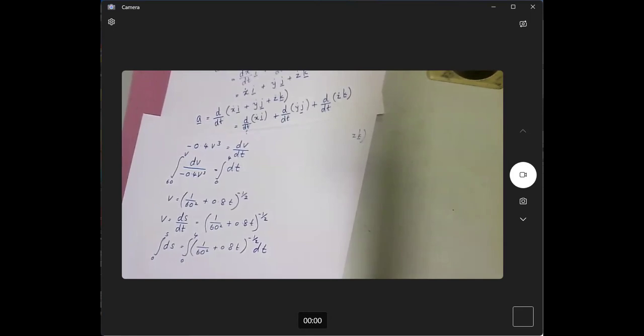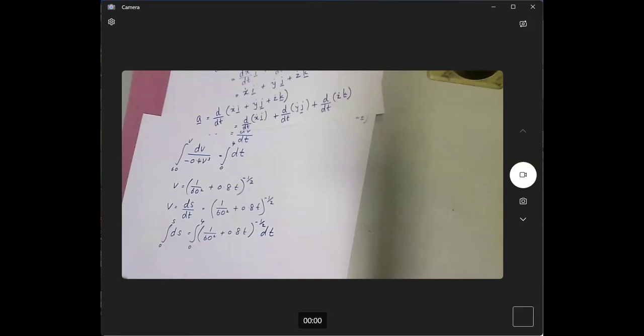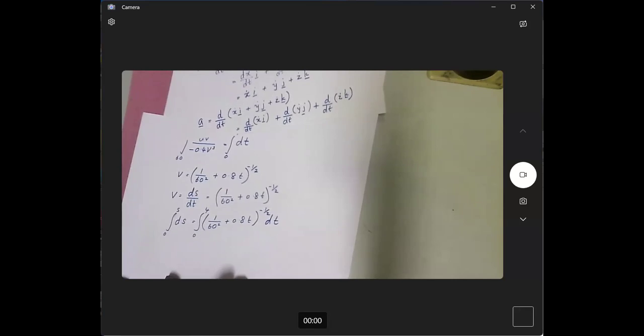Now, let's see if it is possible to define the motion of a particle using a slightly different coordinate system. Right? So, is there any other possible way to define the coordinates?